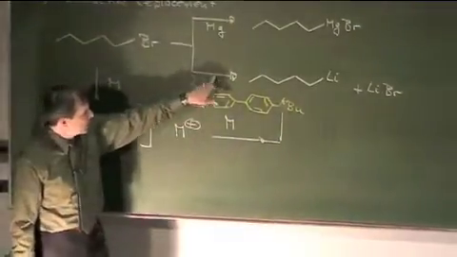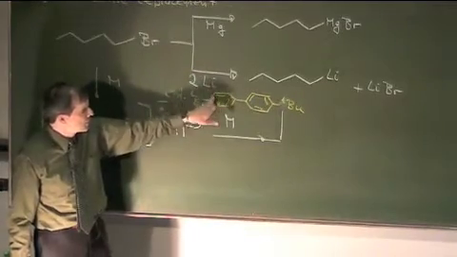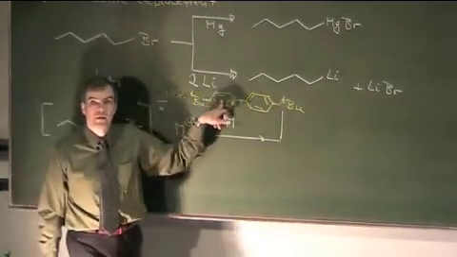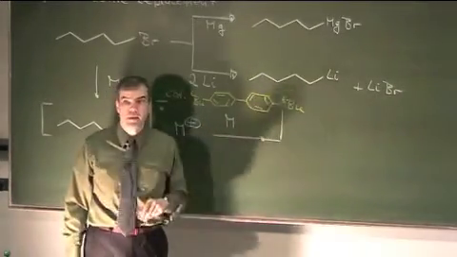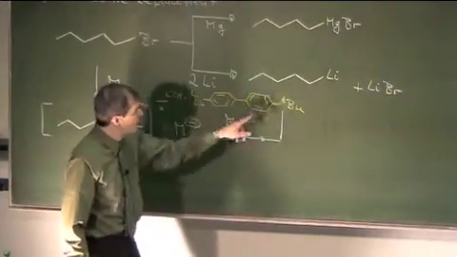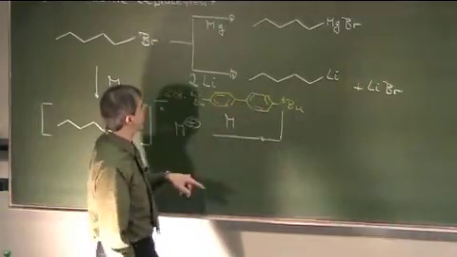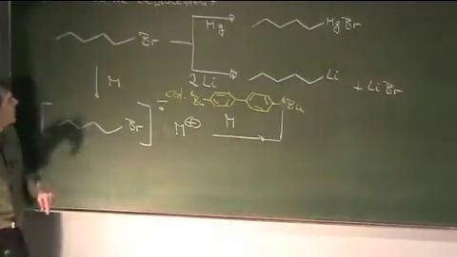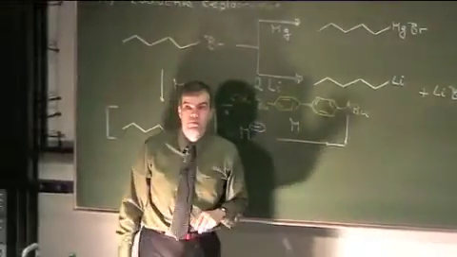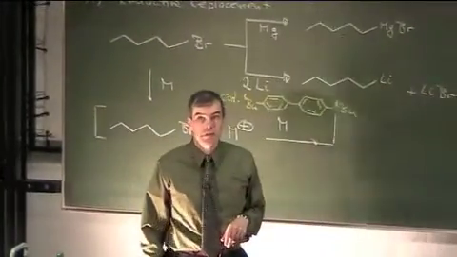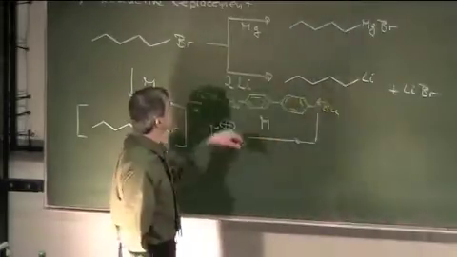Because what is happening here is that the lithium very easily transfers an electron to this aromatic system, thus making the radical anion. And then the radical anion transfers its excess electron to the alkyl halide. And again, as I say, that might sometimes greatly accelerate your reactions.